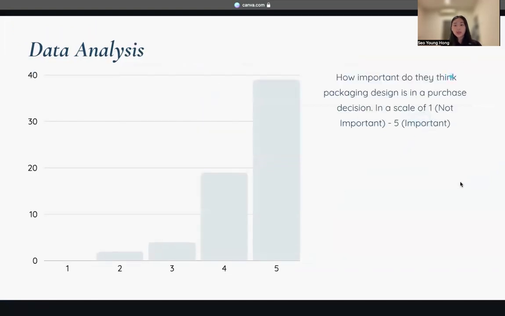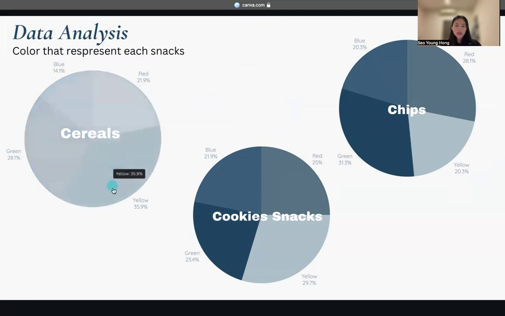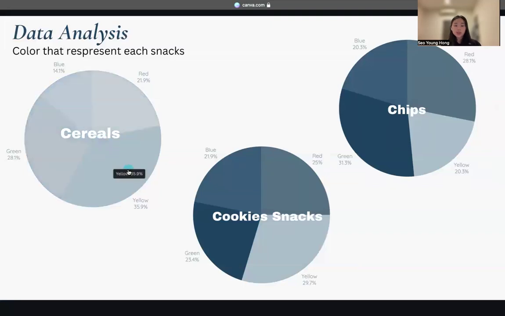And how important do they think packaging design is in the purchasing decision? They say it's 5, which means it is really important for them. And colors that represent each snack: in the survey, yellow came out as the color that really represents cereal for the respondents.